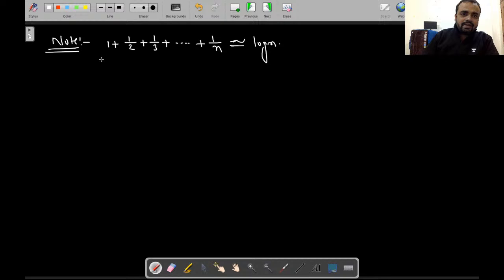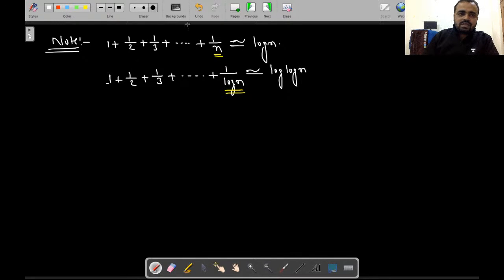So similarly, if I am writing 1 plus 1 by 2 plus 1 by 3 plus up to dot dot dot plus 1 by log of n, the number of terms is log of n, then definitely it will come out to be log log n, because in this particular part we are mentioning the number of terms. So here the number of terms is log of n, so it will become log log n.